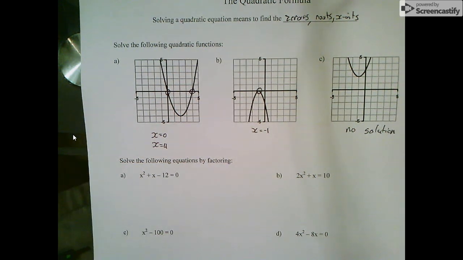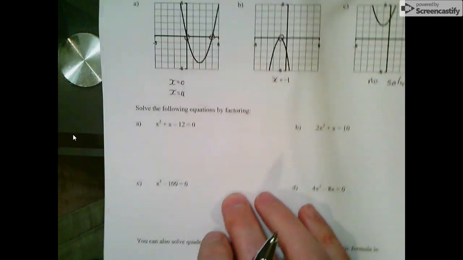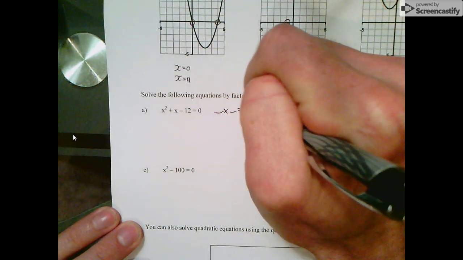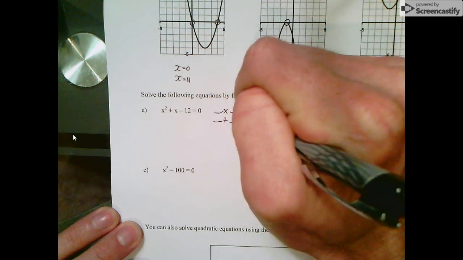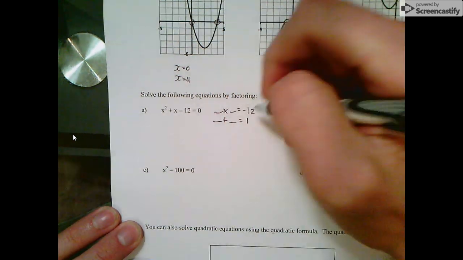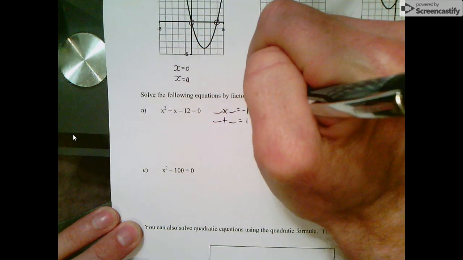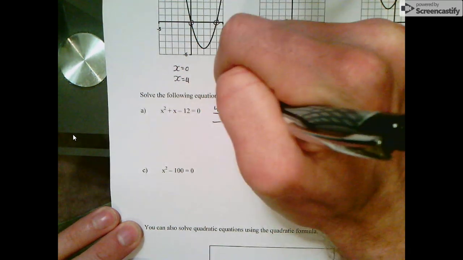Okay, that's not so bad, right? By graphing, just look where it crosses x. If we are factoring, well, we need two numbers that multiply to make -12 but add to make +1. And that's going to be +4 and -3.